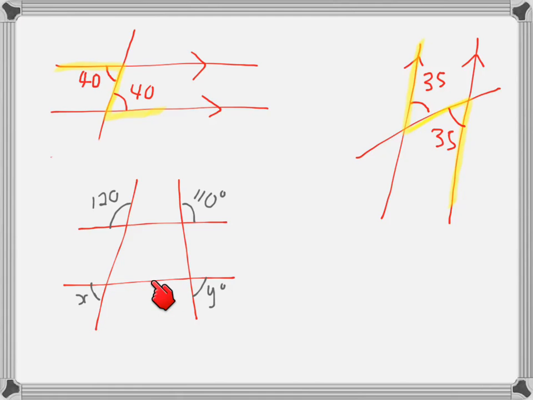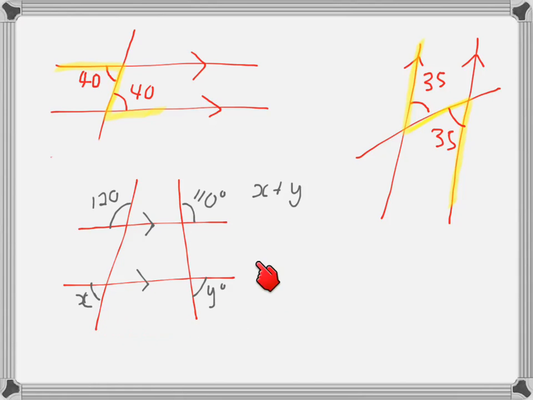He said these two lines are parallel. This line and this line are parallel. Now what he asked you to find is the angle X plus the angle Y.